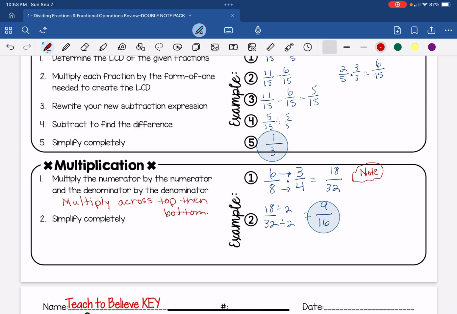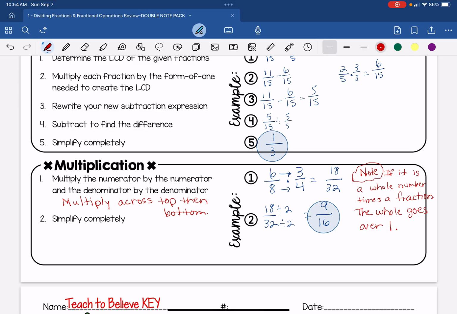So if it is a whole number times a fraction, the whole number goes over 1.